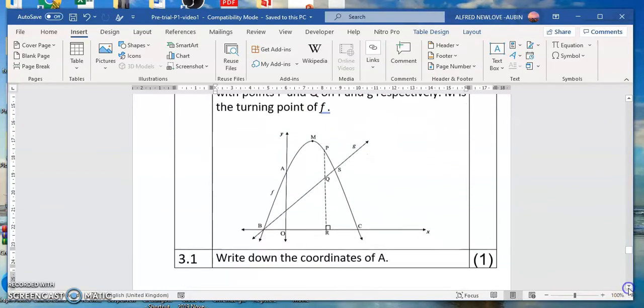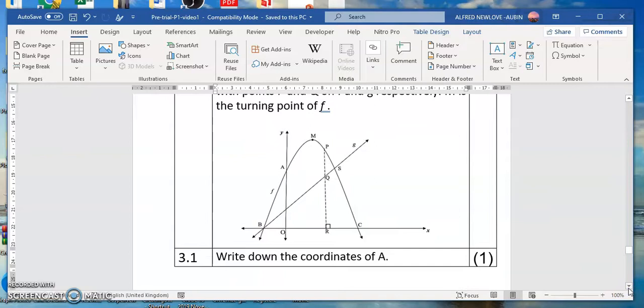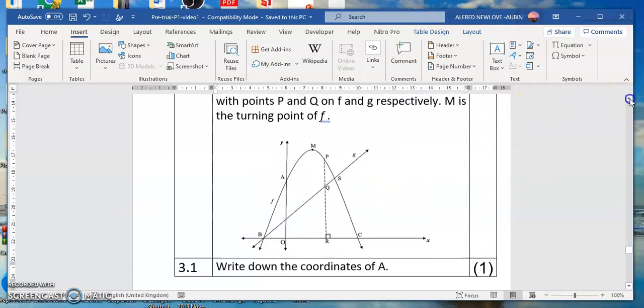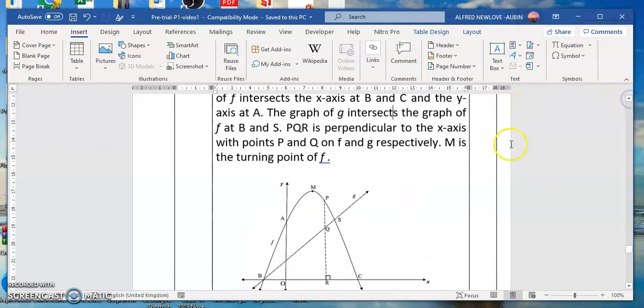Okay, let's continue. The question says, write down the coordinates of A. Which coordinates is it talking about? This one. The y-intercept. You don't have to do any calculation here. You want the y-intercept, and you can find it on the function. What is this graph?